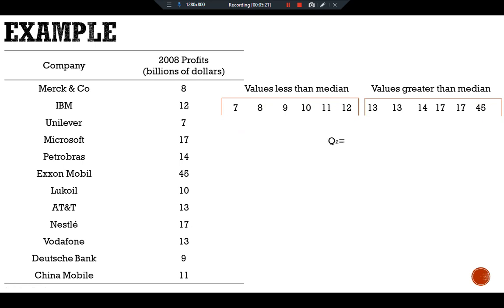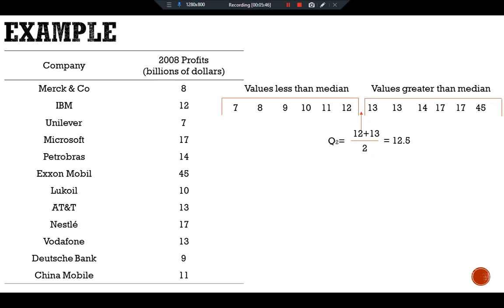And for the median or Q2, we add the two central values, that is 12. I'm sorry. Okay, previously we had a little mistake. We have corrected this mistake, and we add 12 plus 13 divided by 2, and we get Q2 equal to 12.5.